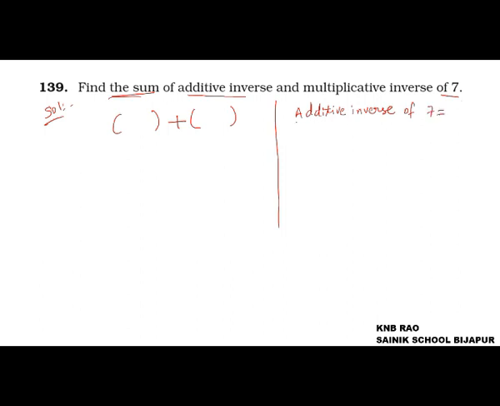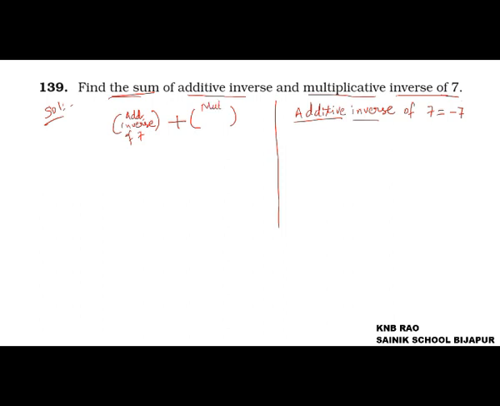How to find the additive inverse of any number? Just changing its sign. So minus 7 is the additive inverse of 7. So we are asked to find the additive inverse of 7 and add it to the multiplicative inverse of 7.